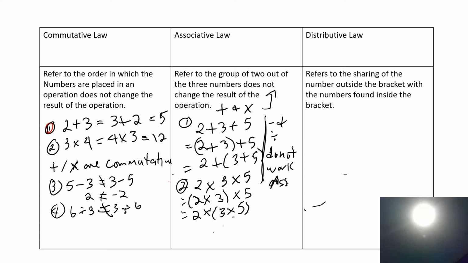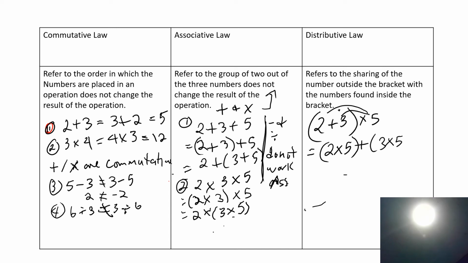So for example, I can have 2 plus 3 inside the bracket, and I'm multiplying 5 to it, which means that I'm going to have 2 times 5 as my first term, because I'm sharing the 5, plus 3 times 5.